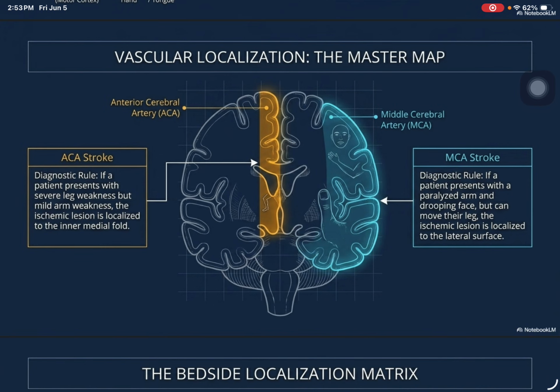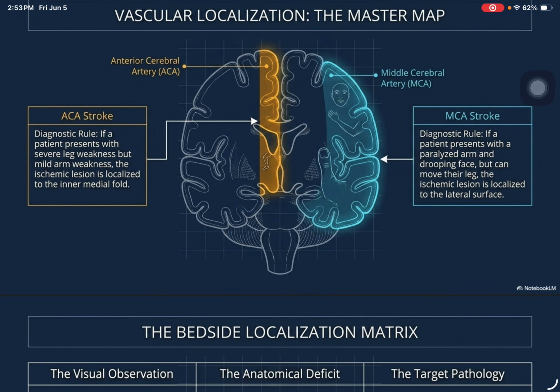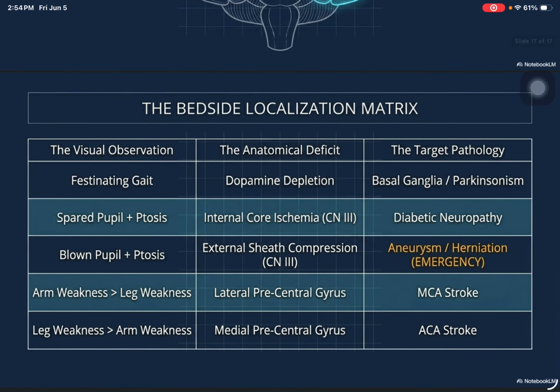But in case of the MCA, the middle cerebral artery, it is responsible for hand weakness and thumb weakness. So more neurons for the leg are present on the medial side of the motor area, supplied by the anterior cerebral artery, and the lateral side is supplied by the middle cerebral artery, which is responsible for the arm and thumb. That is the difference.